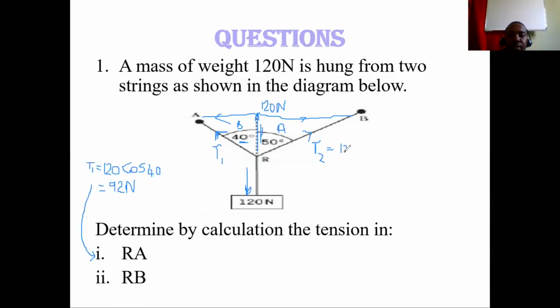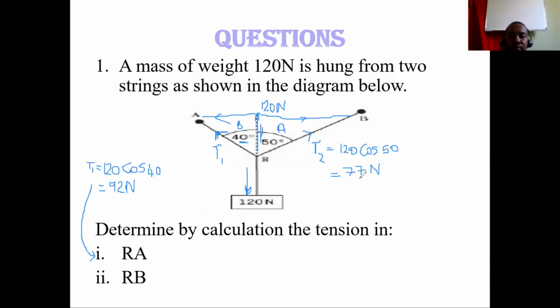So it's 120 cos of the new angle, which is 50, and that equals 77.1.